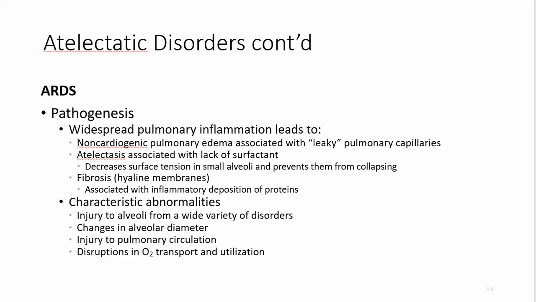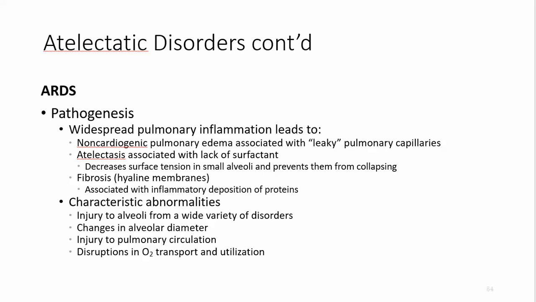Now, another problem here is if you don't have enough surfactant and you have all the surface tension of this liquid, it can cause an atelectasis, and this is why it's in with these disorders. So surfactant reduces surface tension, which then prevents the alveoli from collapsing.